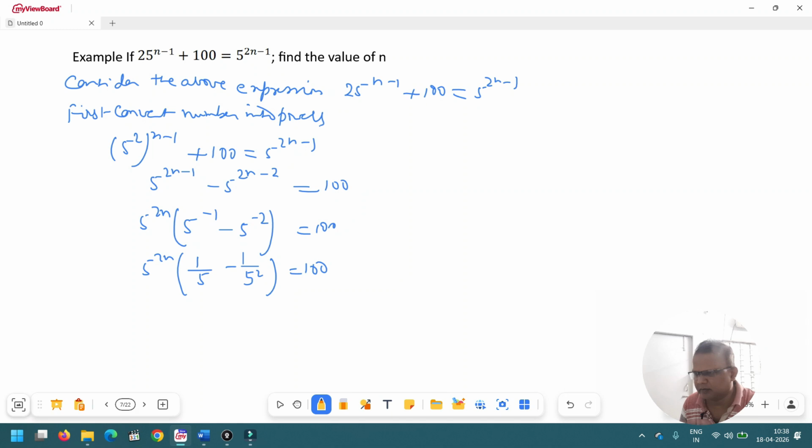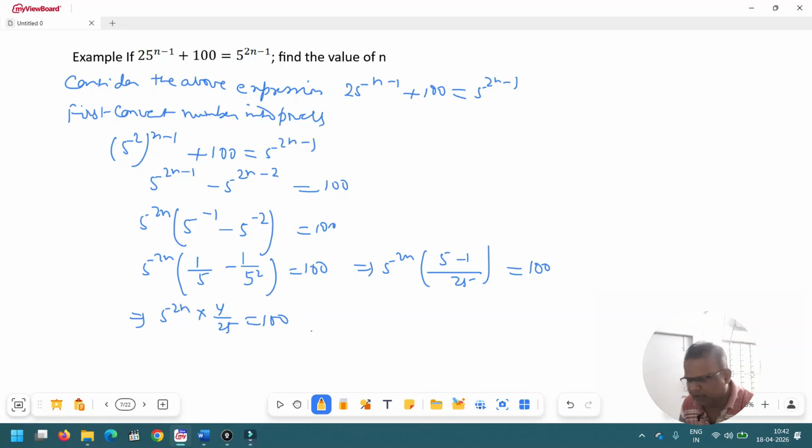That is equal to 5 to the power 2n into 5 minus 1 by 25 is equal to 100. That is equal to 5 to the power 2n into 4 by 25 is equal to 100.